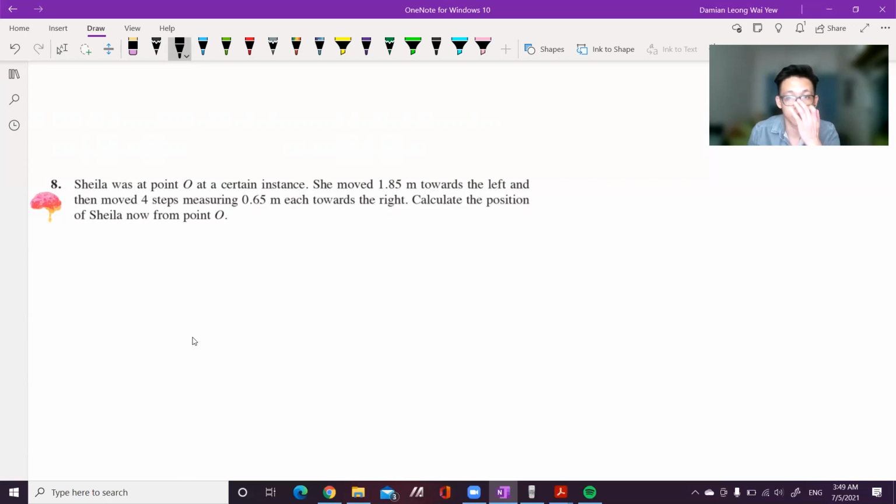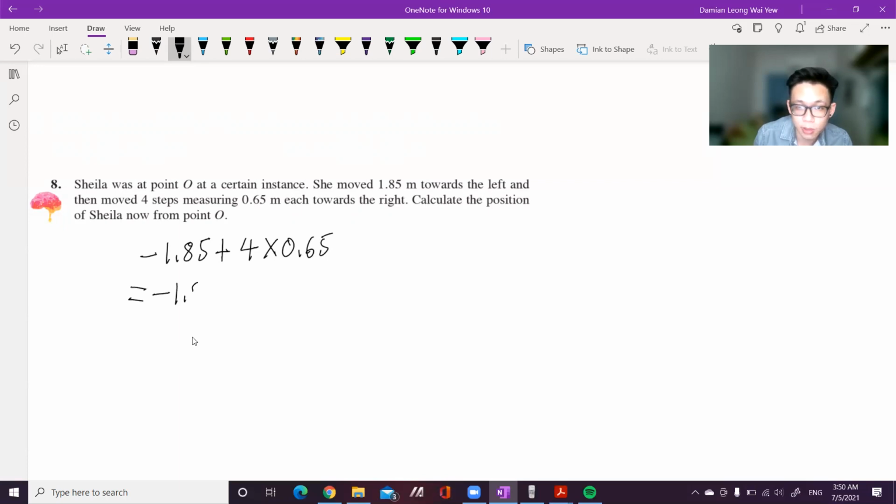She moved 1.85 meters towards left, so negative 1.85 meters. Then she moved towards the right, so I plus 4 steps, each one measuring 0.65 meters, which means 4 times 0.65. That's her position.